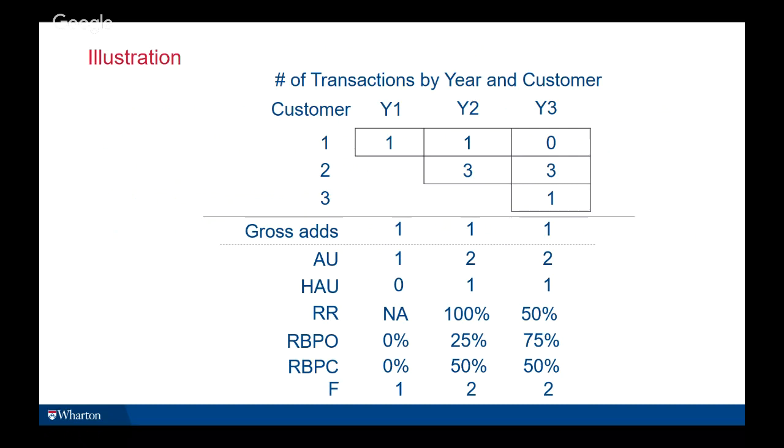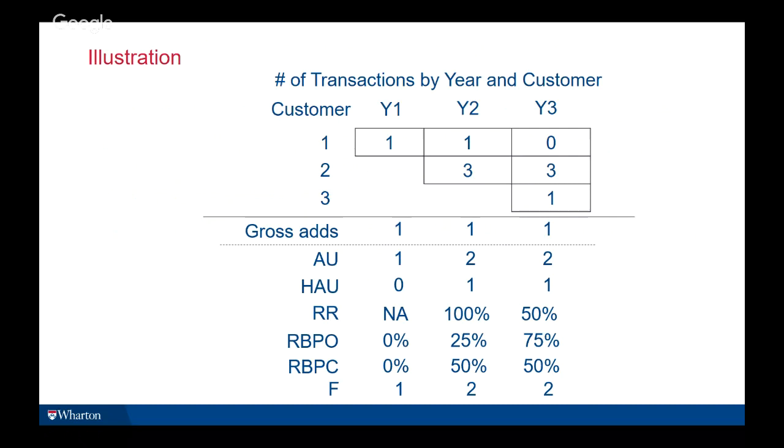In the second period, it would be 2, because essentially we had 1 person who bought 3 times, 1 person who bought once. So the average purchase frequency across those 2 buyers would be 2. And then the same in period 3, we basically exclude customer 1 because that customer didn't make any purchases, but the average number of purchases made by purchasers is again 2.